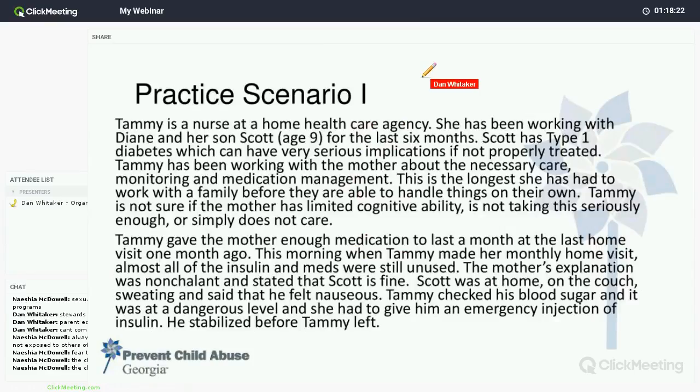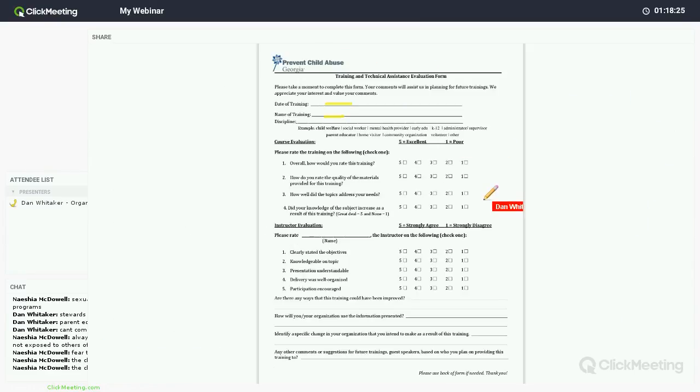So after the scenarios, I would ask everyone to complete the training evaluation, collect them, and then scan them in and email them to me or put them in the Dropbox. So that is what we require of you: those 3 free trainings and to receive all the evaluations from those so we can keep track of them as well.